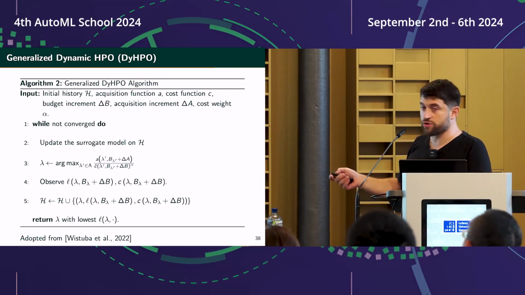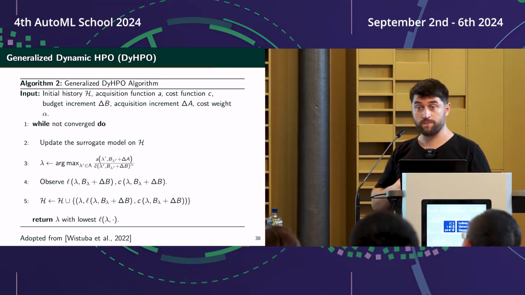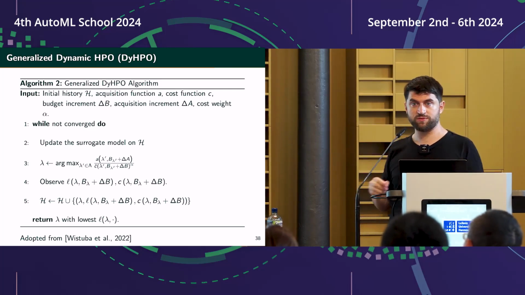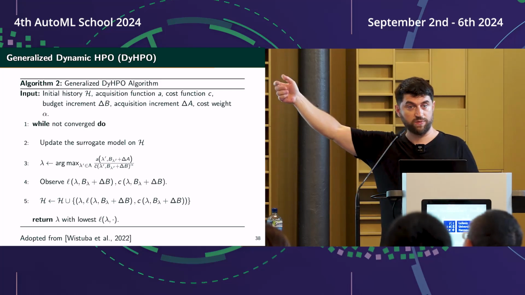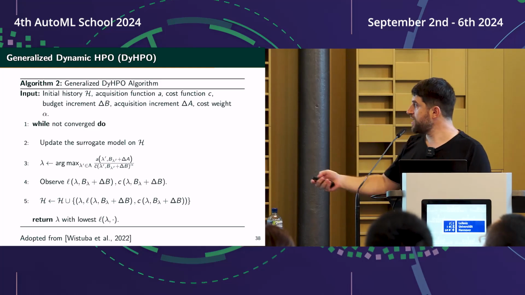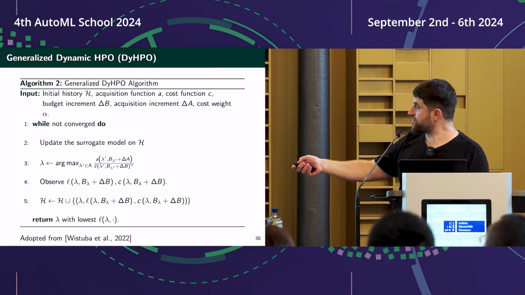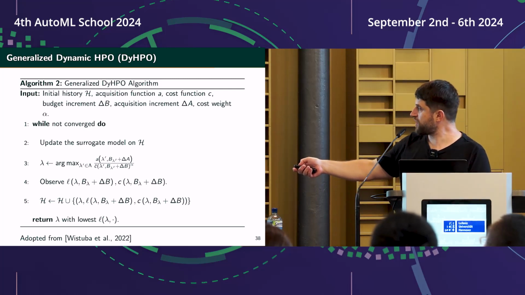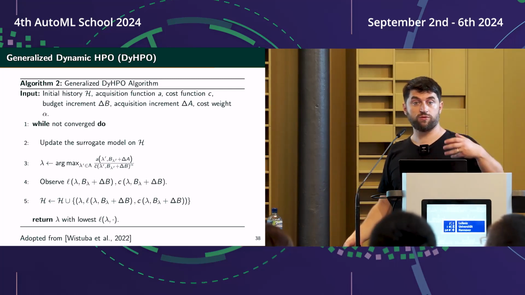You would feed a surrogate, which in this case is a probabilistic time series forecasting model, as we've shown, to predict the learning curve's performance at the next budgets. Then our acquisition is the expected improvement for learning curves that we just mentioned. We could also normalize it by the cost of the model in order to avoid spending too much time on very expensive models.